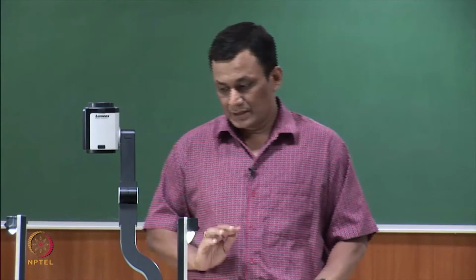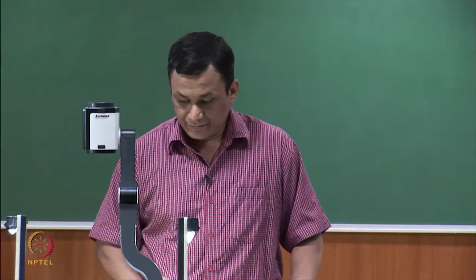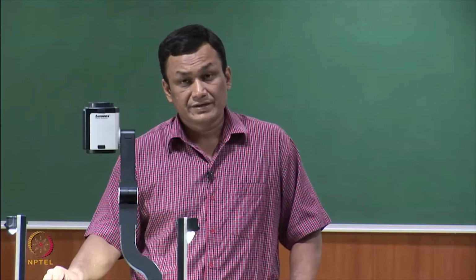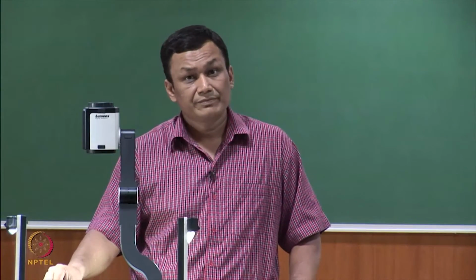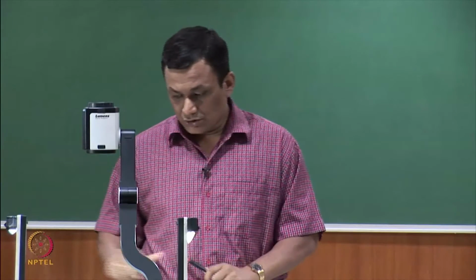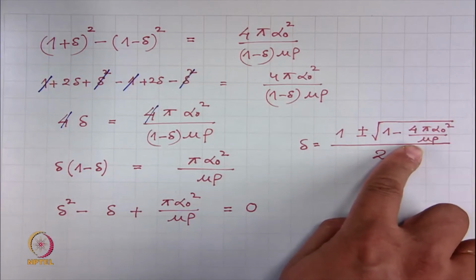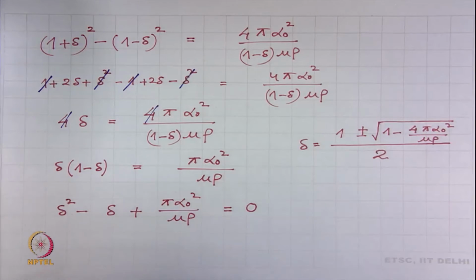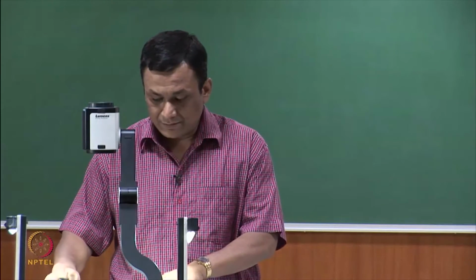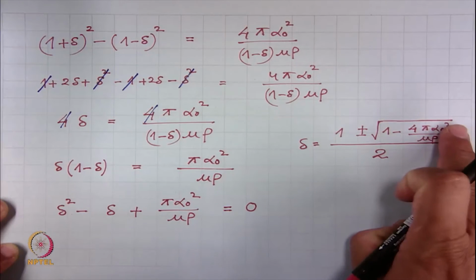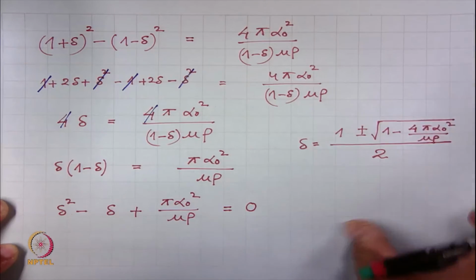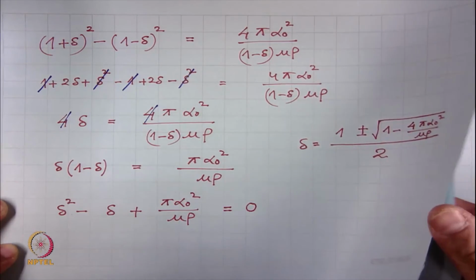Now let us see this discriminant cannot be negative, right. So, it must be greater than or equal to 0. So, let us now write that. So, 1 minus 4 pi alpha naught square divided by mu into rho must be greater than or equal to 0, because this cannot be negative.